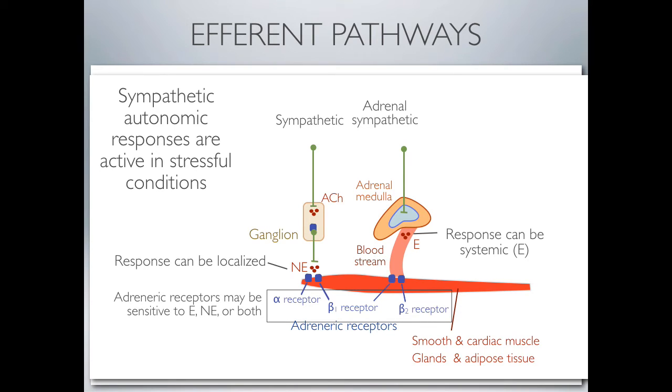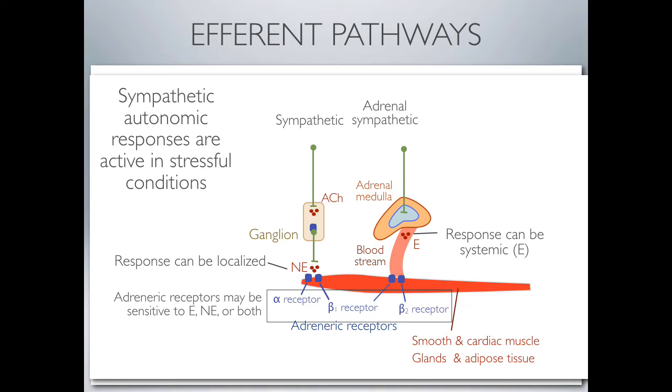Essentially, the alphas are dedicated receptors for the sympathetic pathway. They are only responsive to norepinephrine. And the beta 2s are dedicated to the adrenal sympathetic pathway. They only respond to epinephrine release. So what the beta 1 provides is like a hybrid receptor. It can respond to either one.